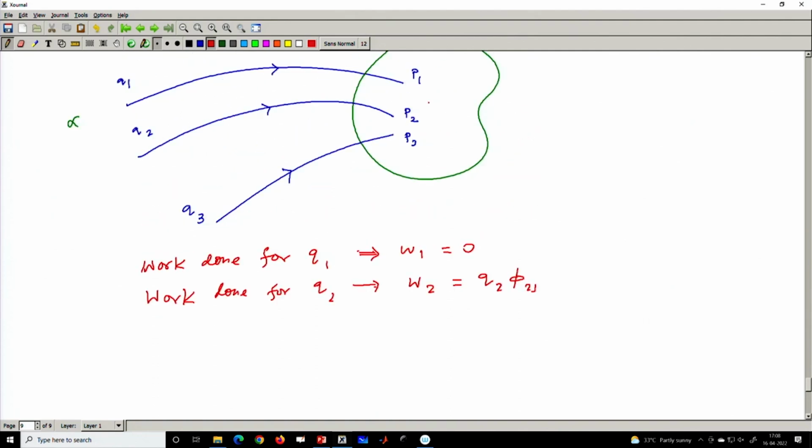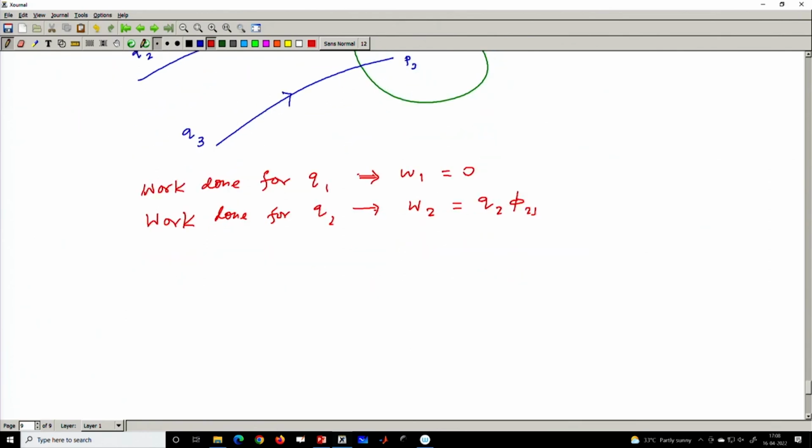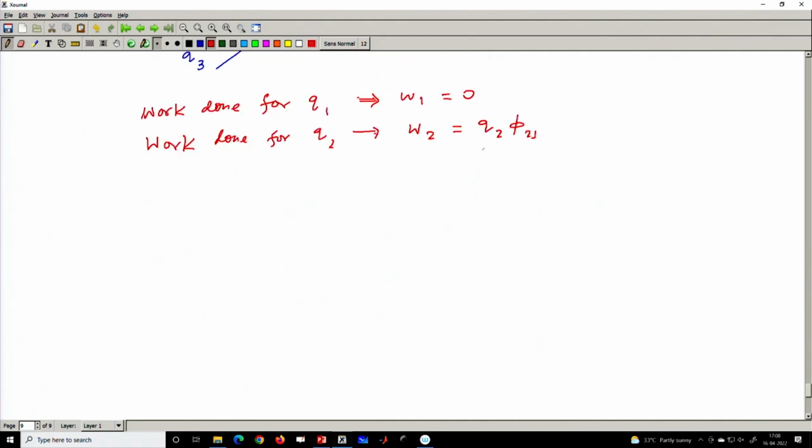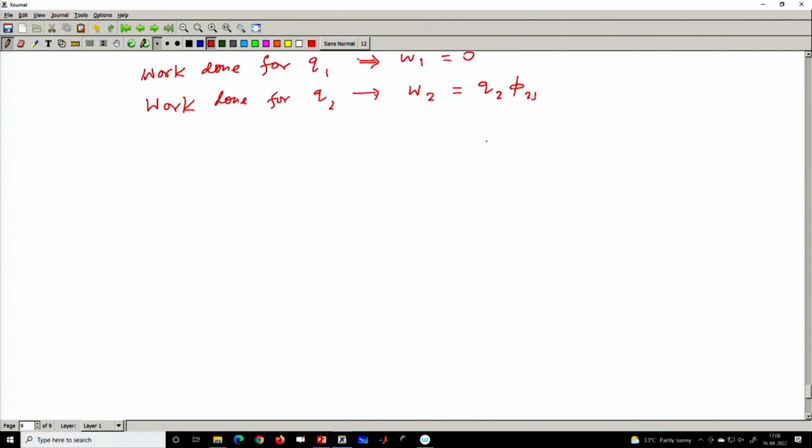Try to understand that when the charged particle is here, it is producing some kind of electric field, or in other words some potential is generated, and against this potential we bring the charge Q2. So, that potential will be experienced by Q2, and that will be stored as work, as energy there.